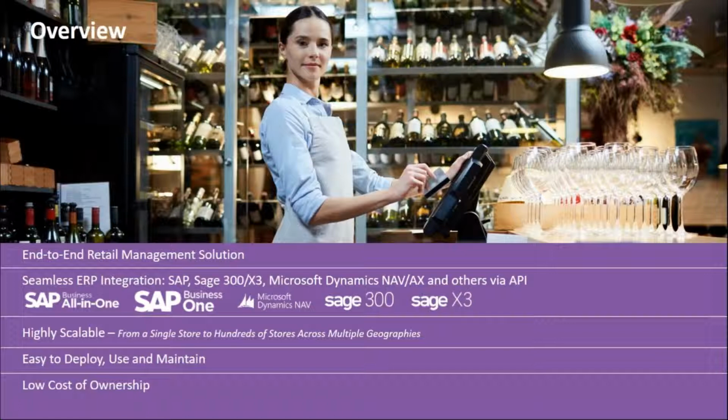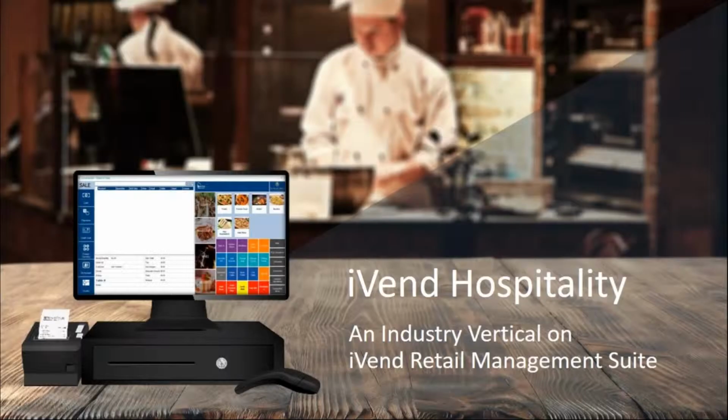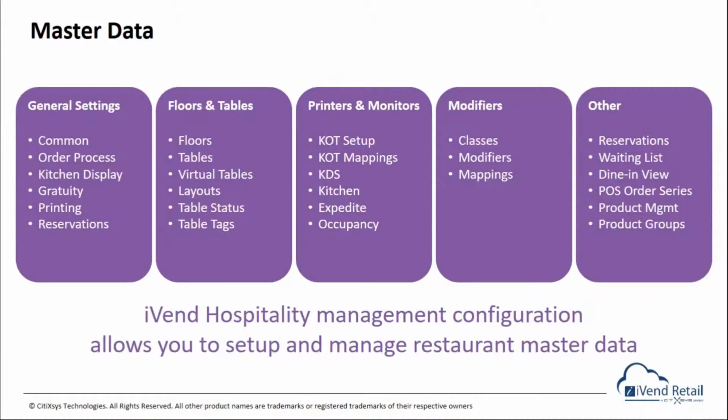It is seamlessly integrated to all ERPs like SAP, Sage, Microsoft Dynamics, and others using APIs. The solution is highly scalable. It's easy to deploy, use and maintain, and it has a low cost of ownership. It's a true industry vertical on iVend Retail Management Suite, iVend Hospitality.